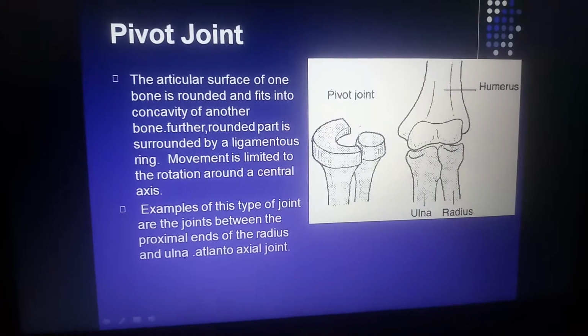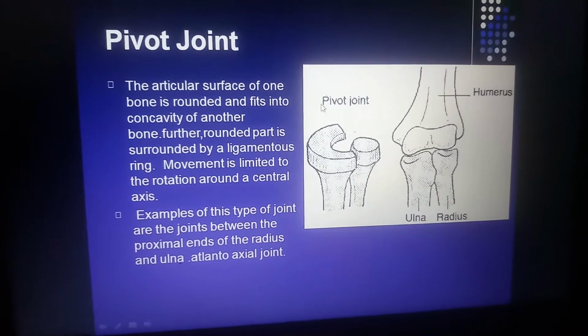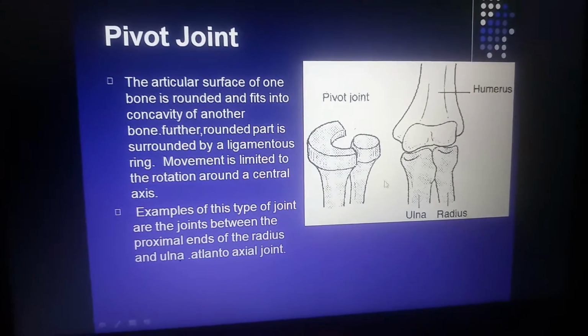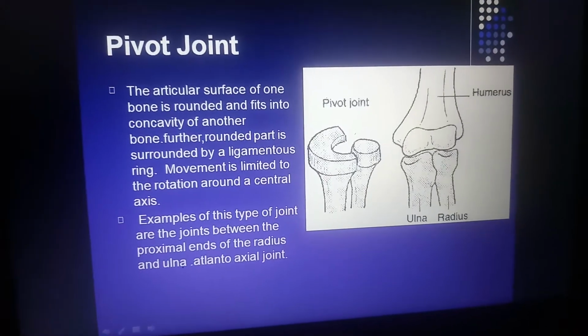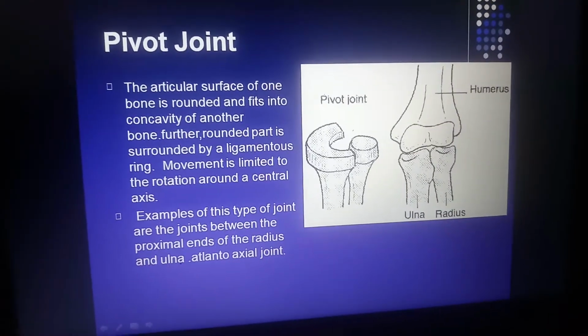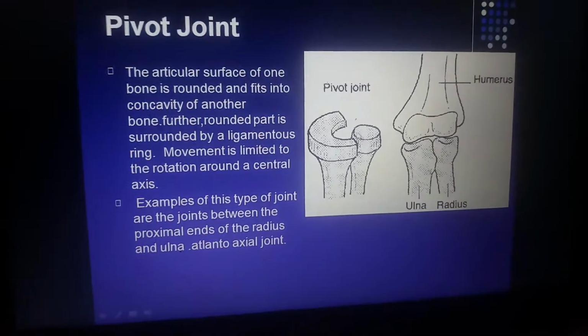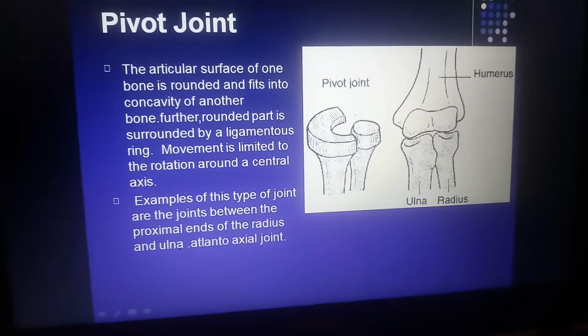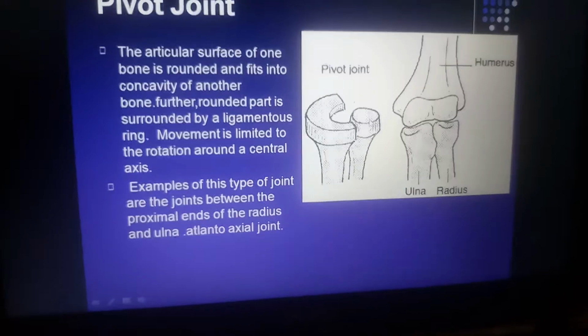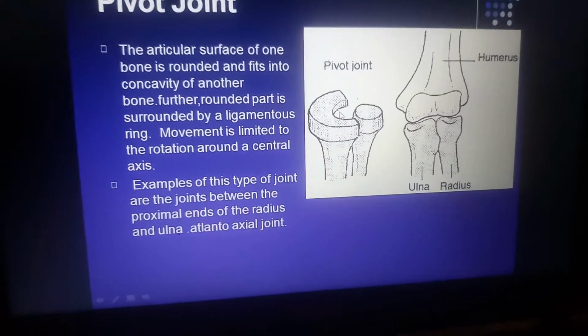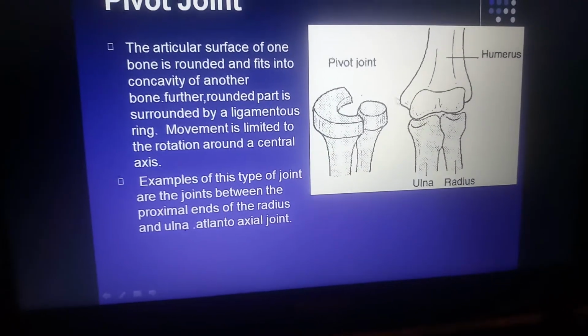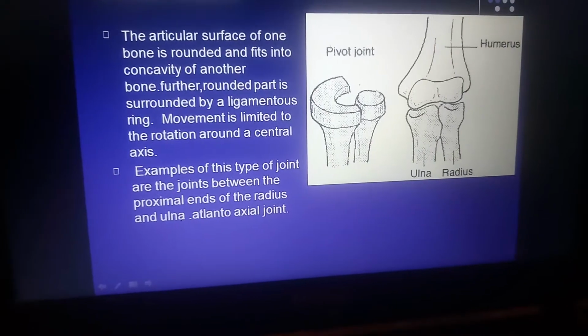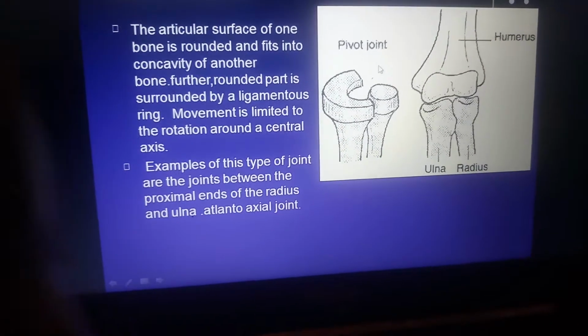As you can see in this diagram, the articulating end of one bone is rounded and the other has the concave surface. This rounded end will fit into the concavity, and further this rounded end is supported by the ligamentous support.